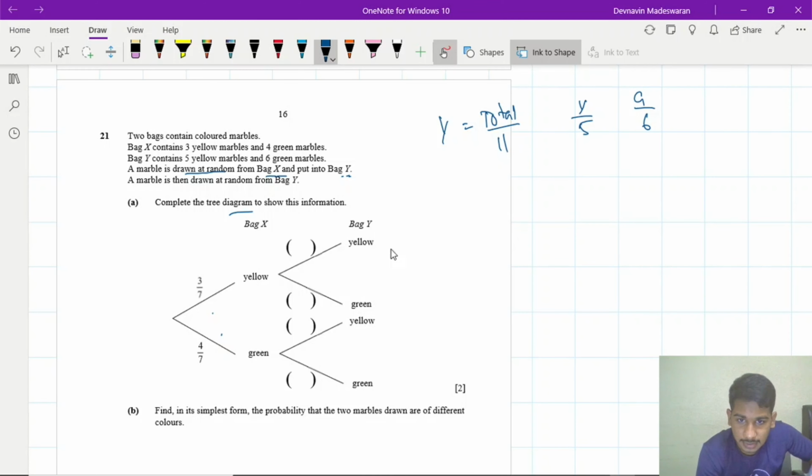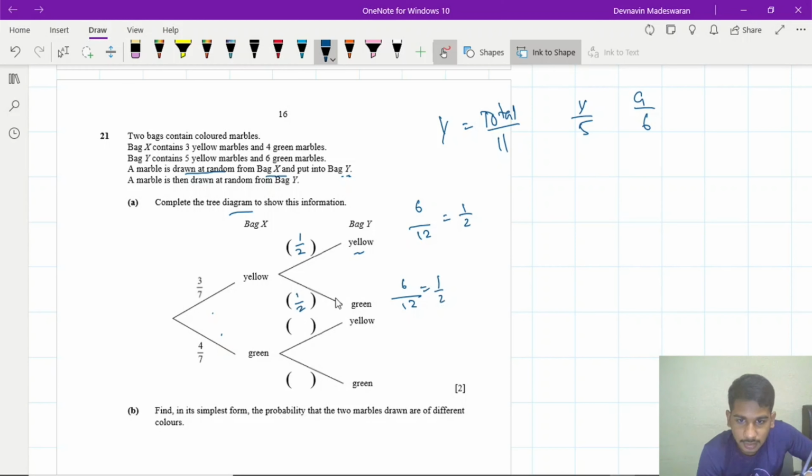At bag Y, the total is going to be 12, because it used to be 11, but it became 12. And to get yellow, it's 6 out of 12, because 5 plus 1 is 6, so it becomes a half. For green, it's 12 now, but green is still 6. Oh, it's still half again, which makes sense.